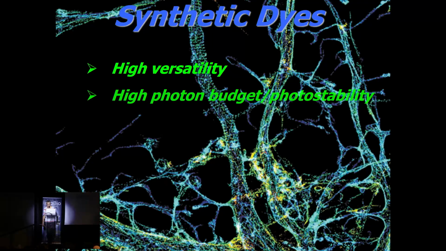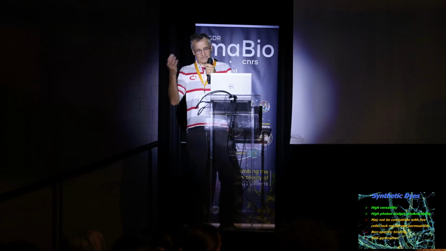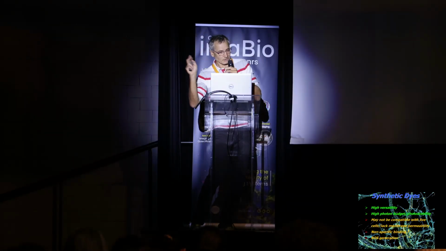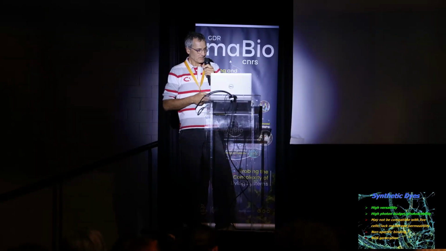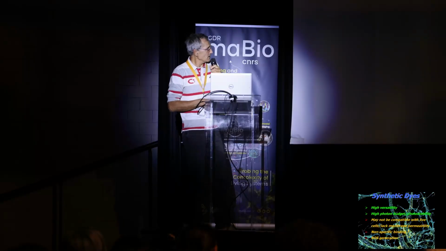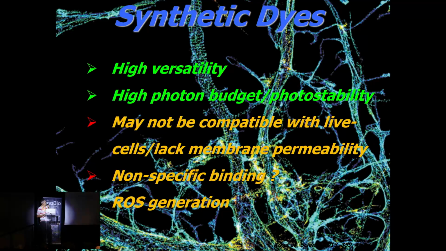So a summary for synthetic dye. Advantages, they are very versatile because they are basically constructed on demand, thanks to our chemistry friends. And so typically they give high photon budget and very good photostability.